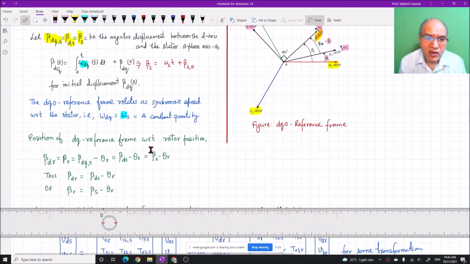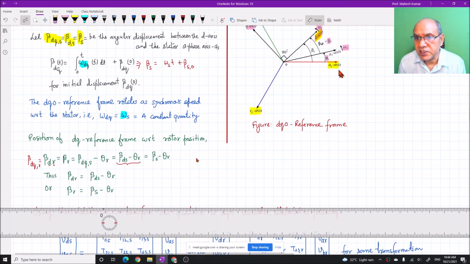In the same way, we can write the equation for rotor position, that is beta dr or dqr. So beta, the position of dq with respect to rotor, is the same as the position of d with respect to rotor, which is the same as beta ds minus theta r. See it here.